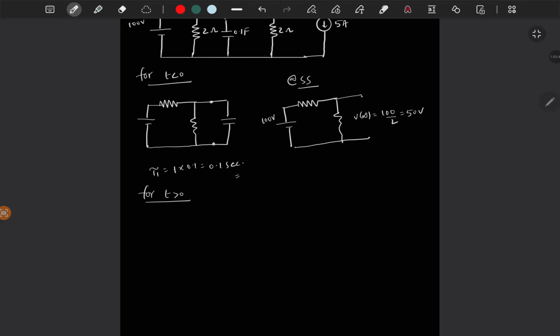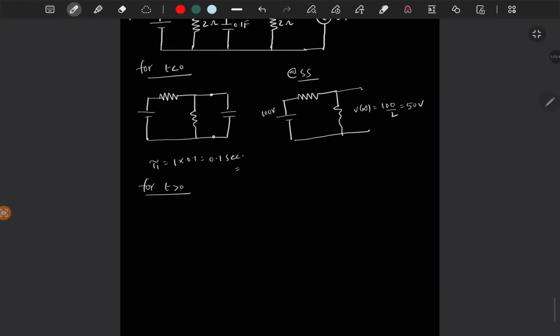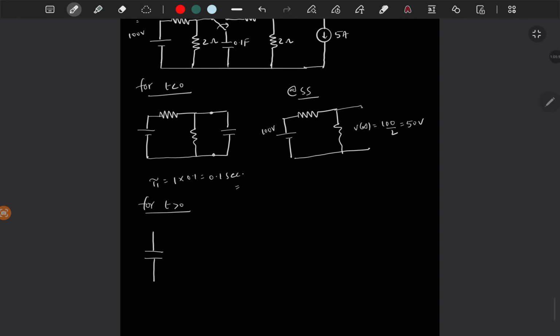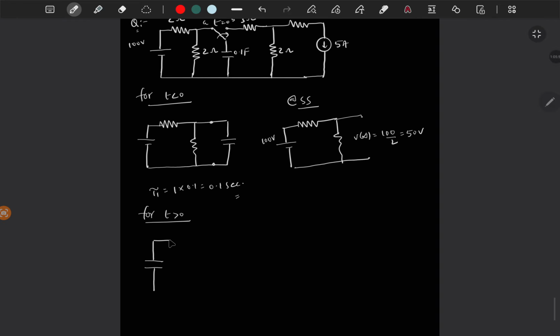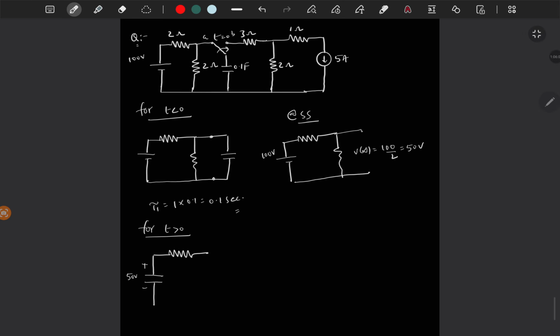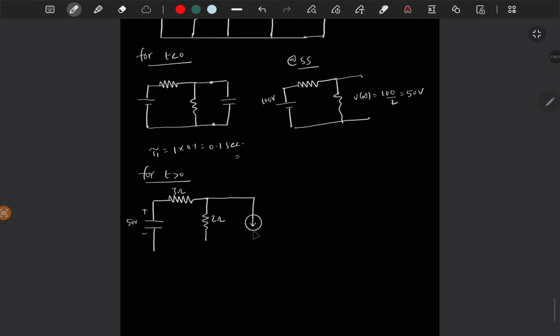And for t greater than 0, you have this capacitor with initial voltage of 50 volt and 3 ohms, 2 ohms, 5 amps.